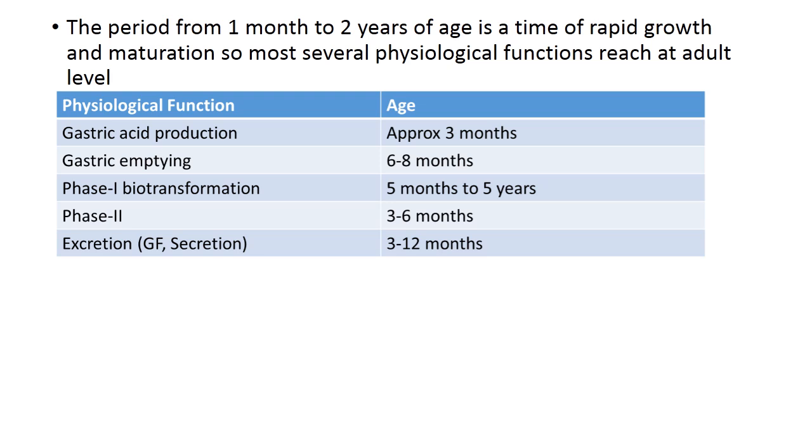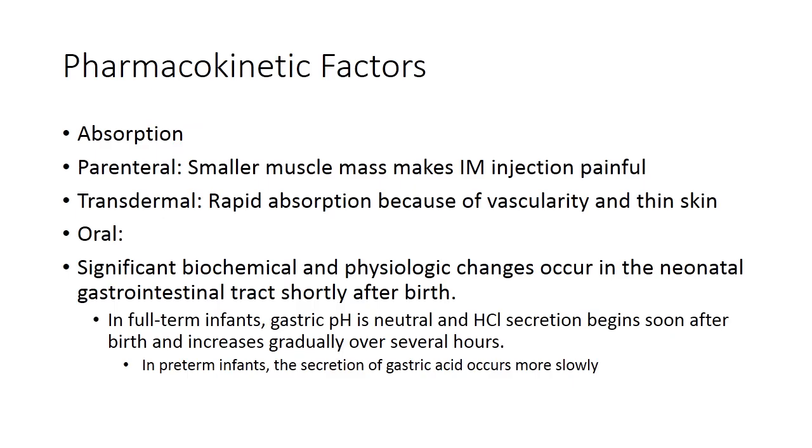For example, phase 1 biotransformation may require 5 months to 5 years to achieve adult levels, whereas phase 2 conjugations are maturing much earlier, by 6 months. Drug excretion reaches adult levels by 1 year of age, depending on the development of kidney function and glomerular filtration.